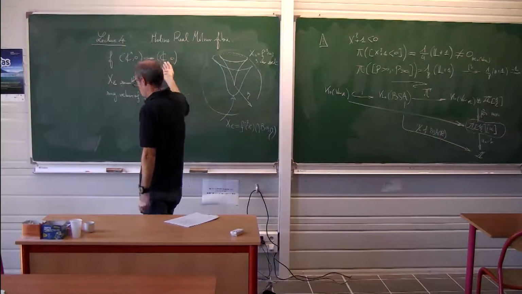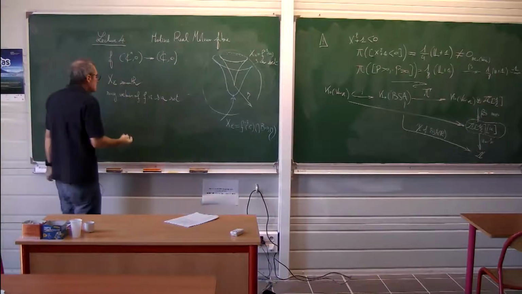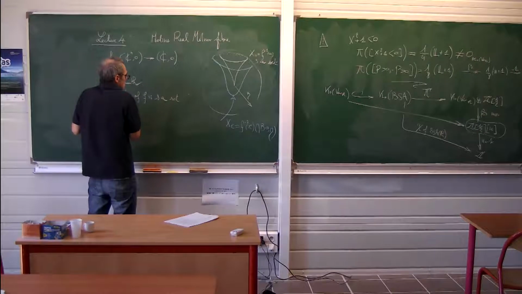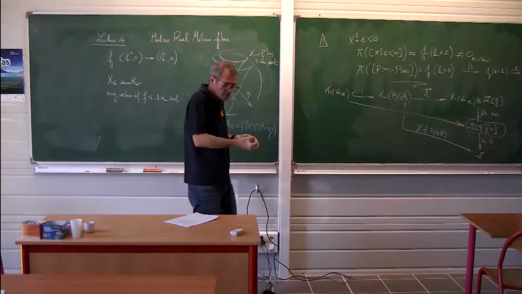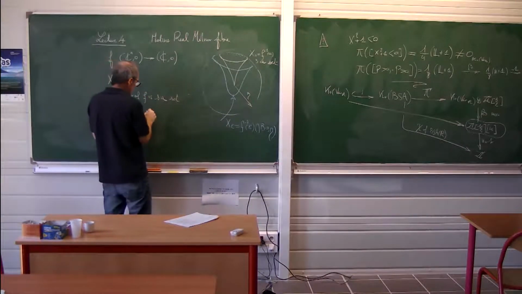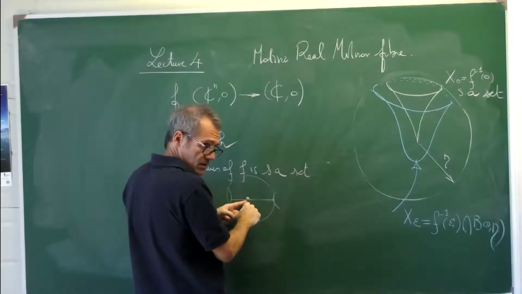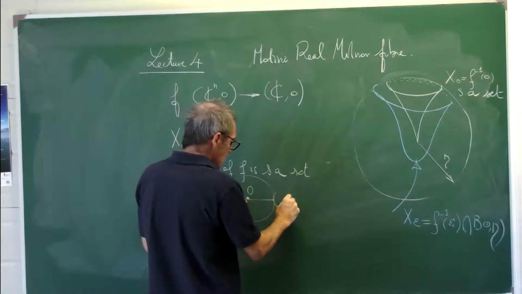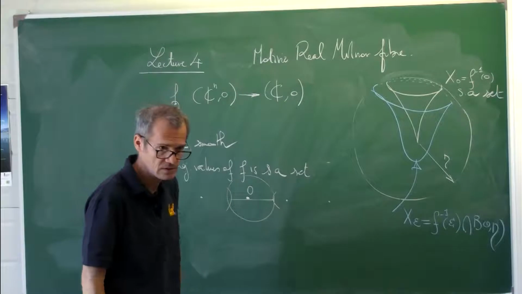But it is also the case in C. So since a zero-dimensional semi-algebraic set is a finite union of points, 0 is a singular value, and we don't have other singular values in a small disk around 0.